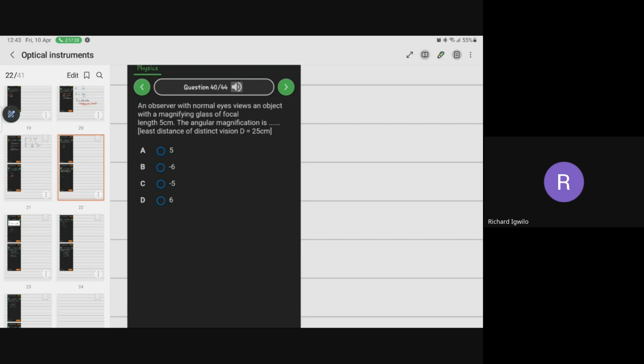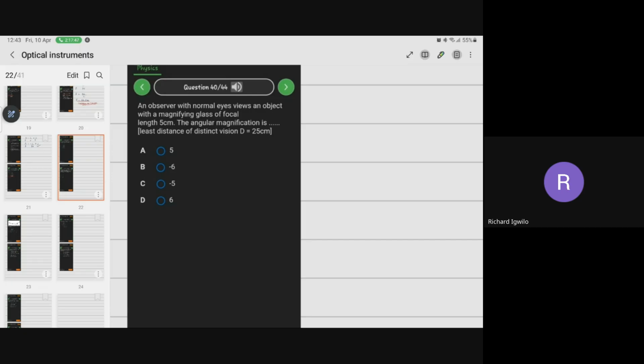So they're asking us about the observer, who has a normal eye, using a magnifying glass with a focal length of 5 centimeter, and they're asking for the angular magnification. The least distance of vision is 25.